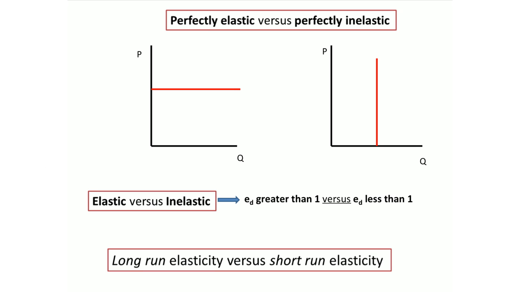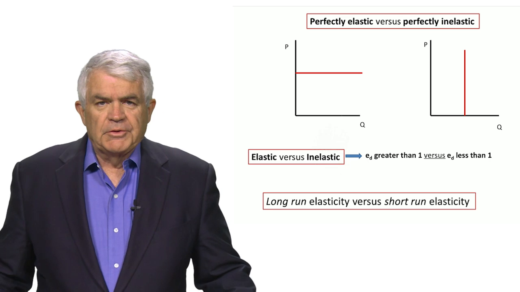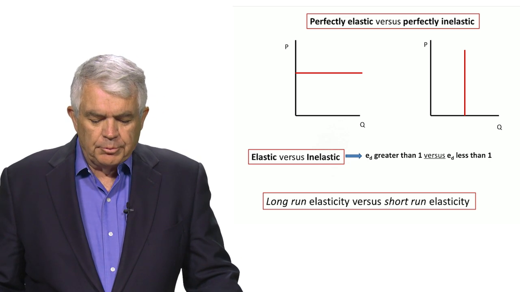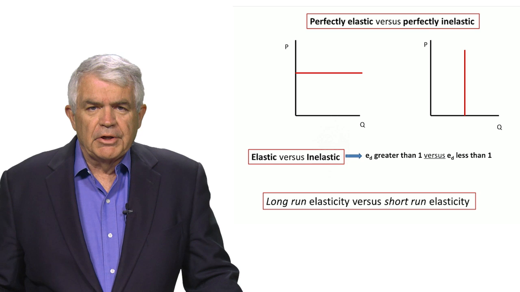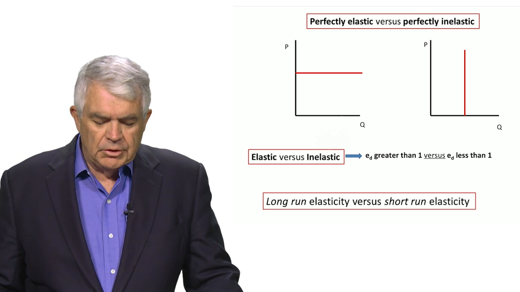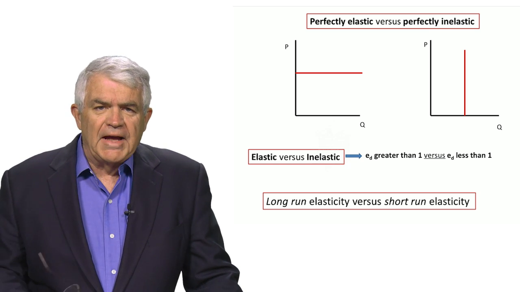Now, the same thing can be done with respect to supply and other concepts as well, but let's take a look at extreme cases of elasticity. Sometimes we can think of perfectly elastic things, where just a teeny change in the price creates an enormous change in quantity. It's almost like a completely flat line.